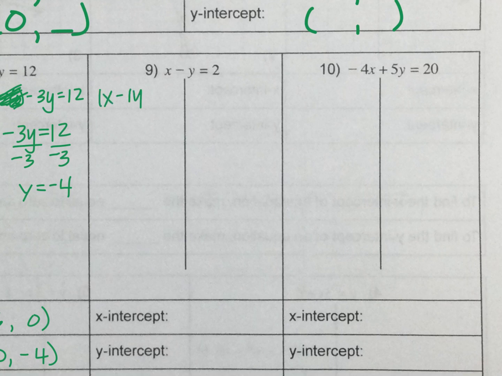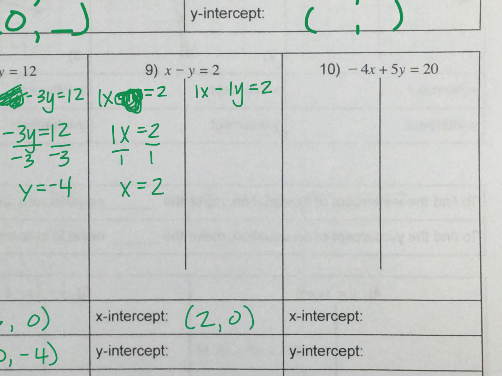1x minus 1y equals 2. So in the first one, I'm going to make the y a 0. And if I made that a 0, that would all mark out. 1x equals 2. You can divide by 1 if you need to, but it's just going to be 2. And in this one, I'm going to make the x a 0, but it marks out.